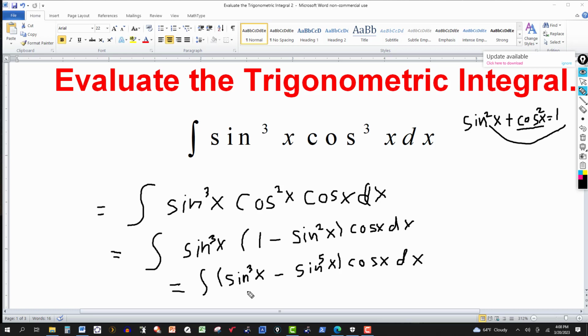Now since the derivative of sine is cosine, this suggests I use the substitution method.